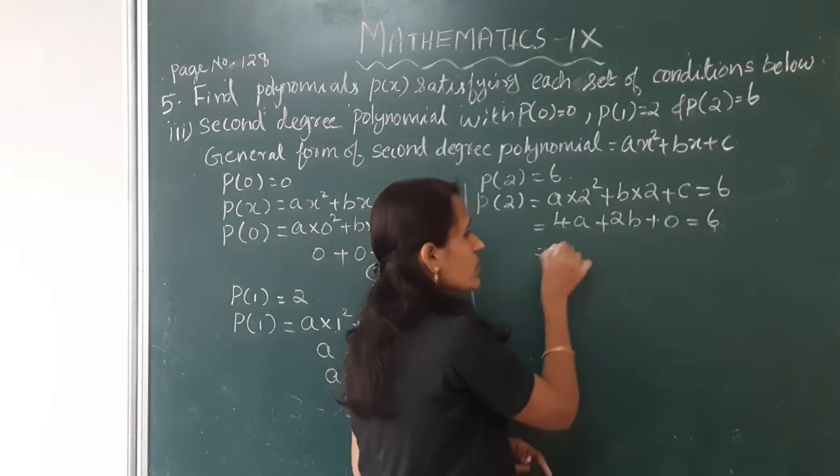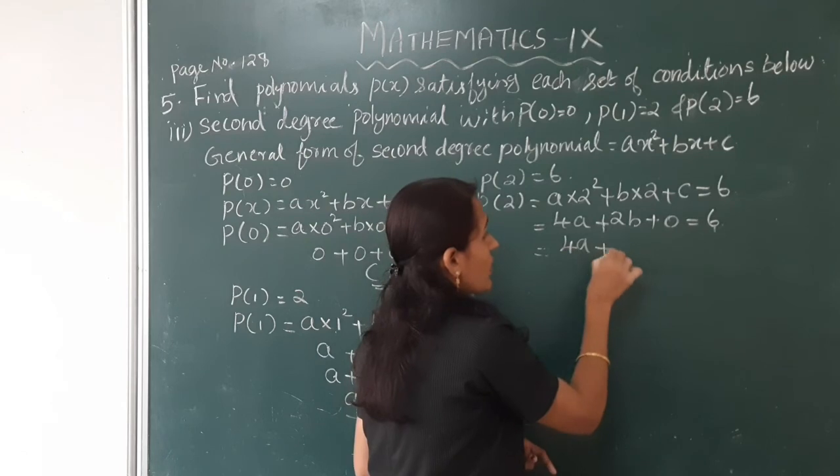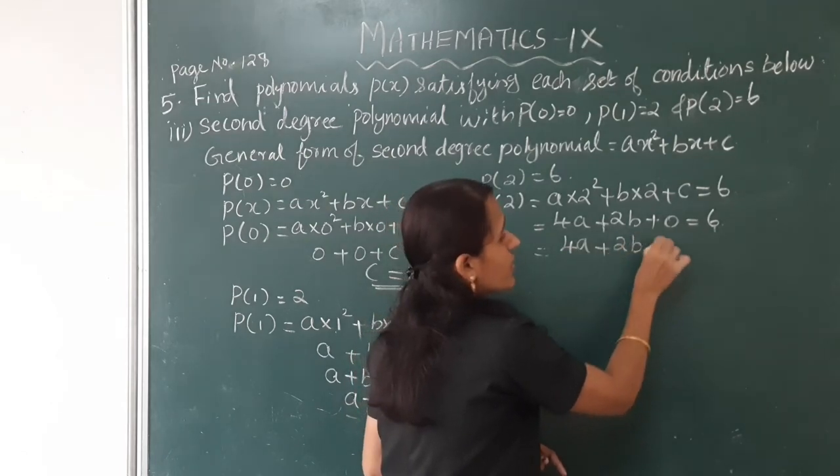This is equal to 4a plus 2b is equal to 6.